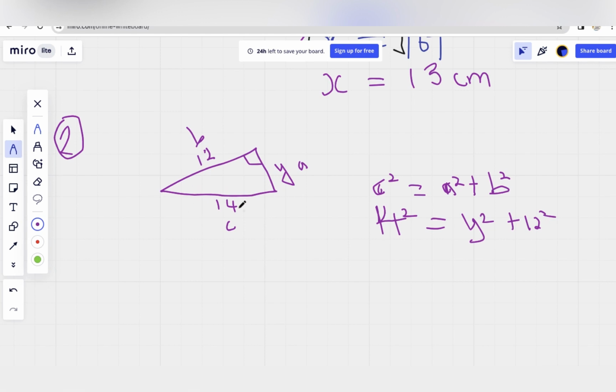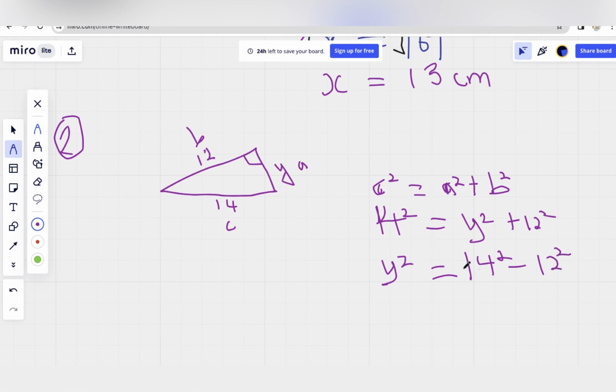So if we are not looking for the hypotenuse, we're going to have minus. Let's assume y square is on the left and we are not moving it, but we are moving the 12 to go and meet the 14. So we say 14 square minus 12 square, because the 12 will come to meet it. So it becomes minus 12 square.